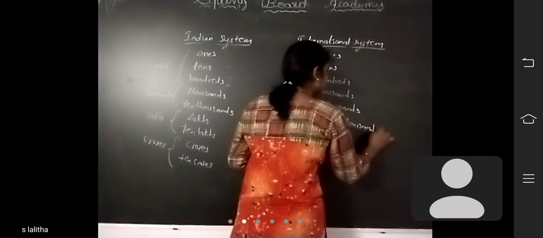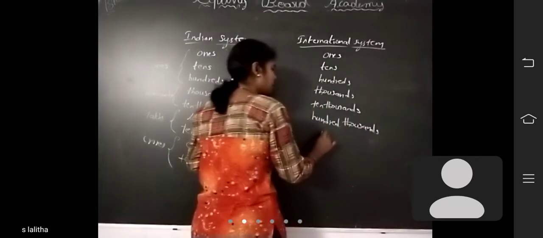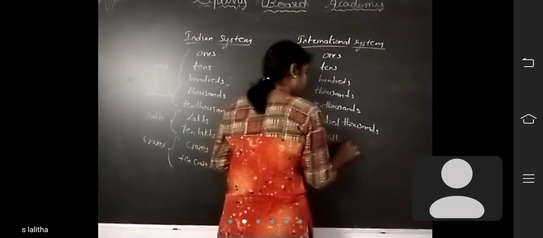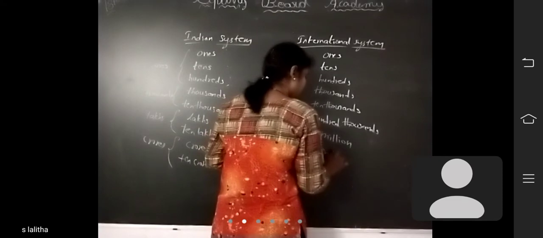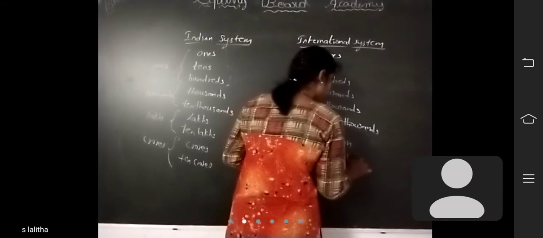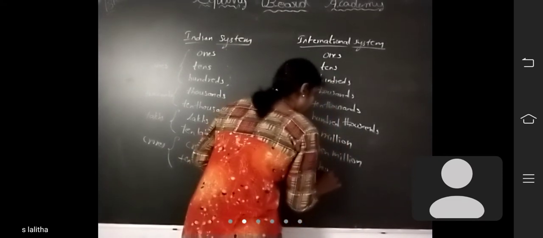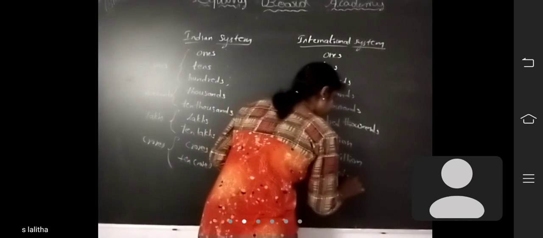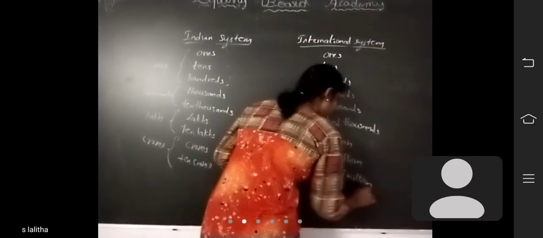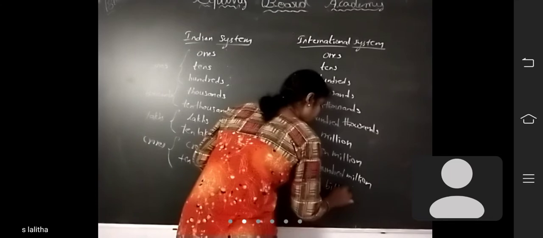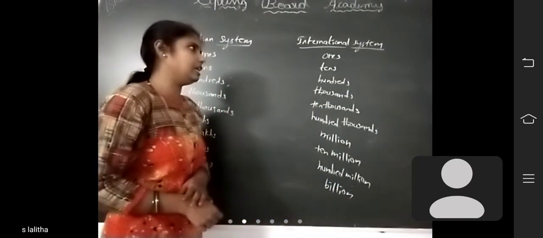Next, million. After that 10 million, then 100 million. After that 1 billion, 10 billion, 100 billion. Like that it will come in the international system.